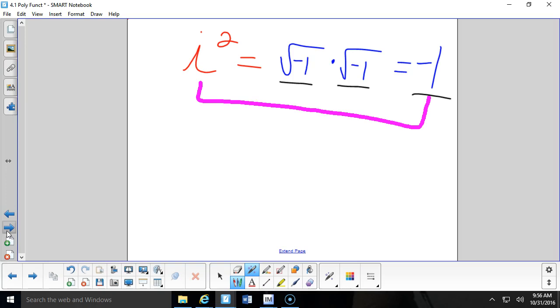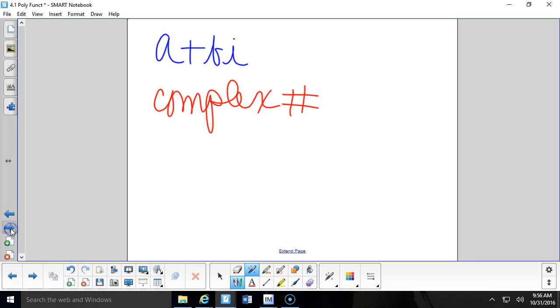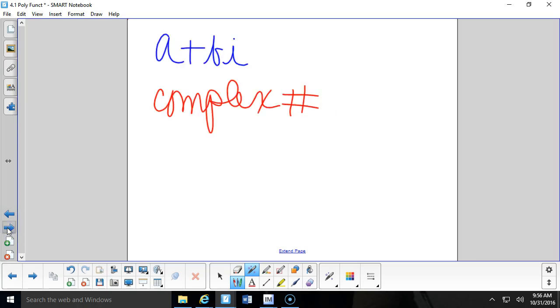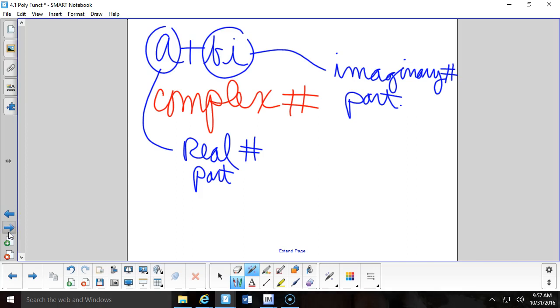Sound familiar? Kind of like, oh yeah, been there, done that. I'm hoping a little bit. So i is an imaginary number, but when you combine it with a real number, then you get a complex number. So a plus bi is a complex number. And what that has is two parts to it. There's a real number part and an imaginary number part.